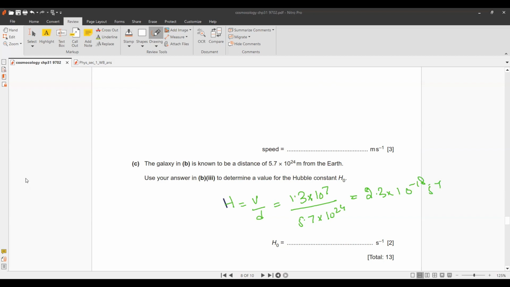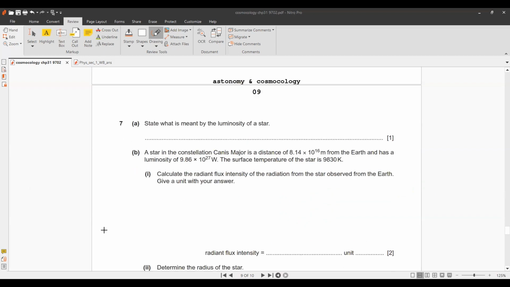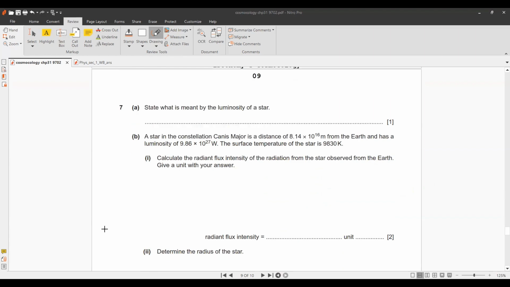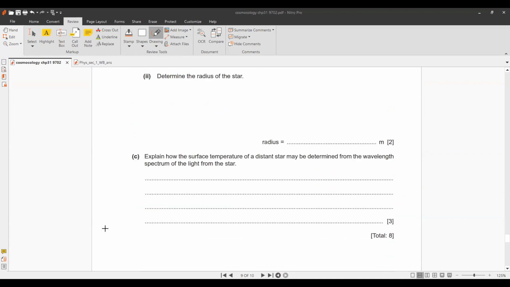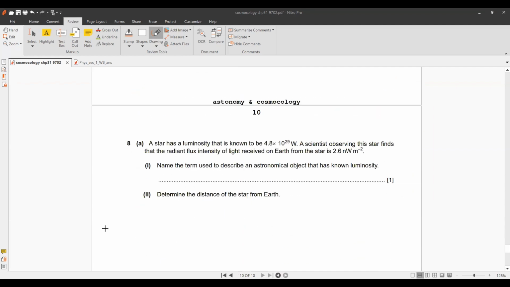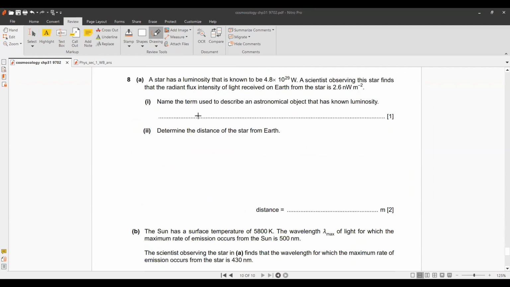Okay, moving on to the next part. What is meant by the luminosity? I think this question is repeated again. Yeah, it's a repeat. A star has a luminosity that is known to be 4.8 into this, and radiant flux density is given also.